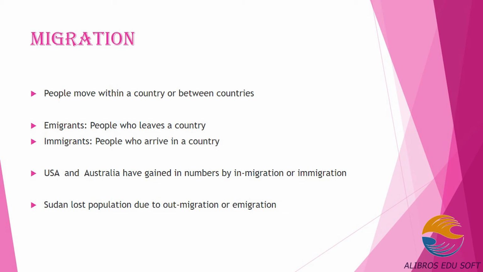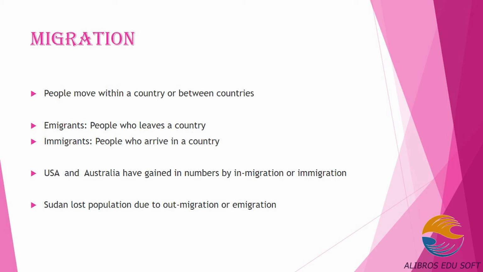These take place according to the availability of jobs, education facilities, health facilities, etc. So arrival is immigration and outgoing of people from one place to another is emigration. This causes a change in the population size of any given place.